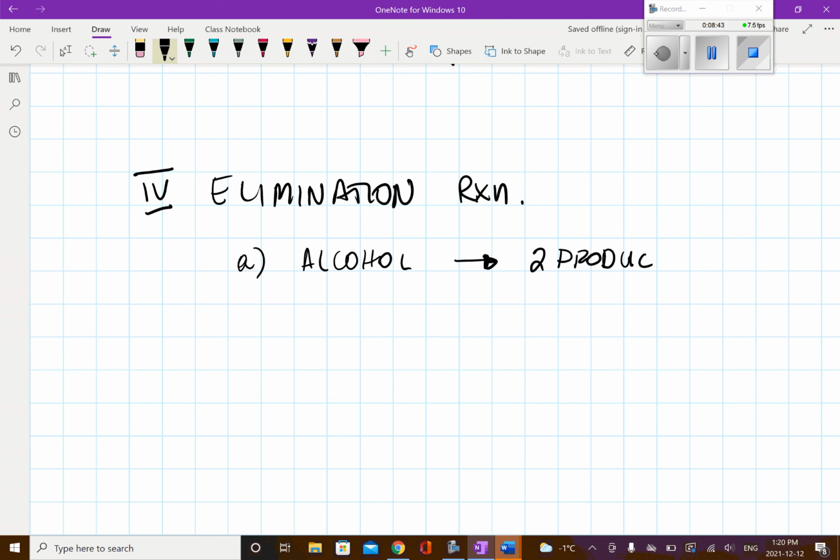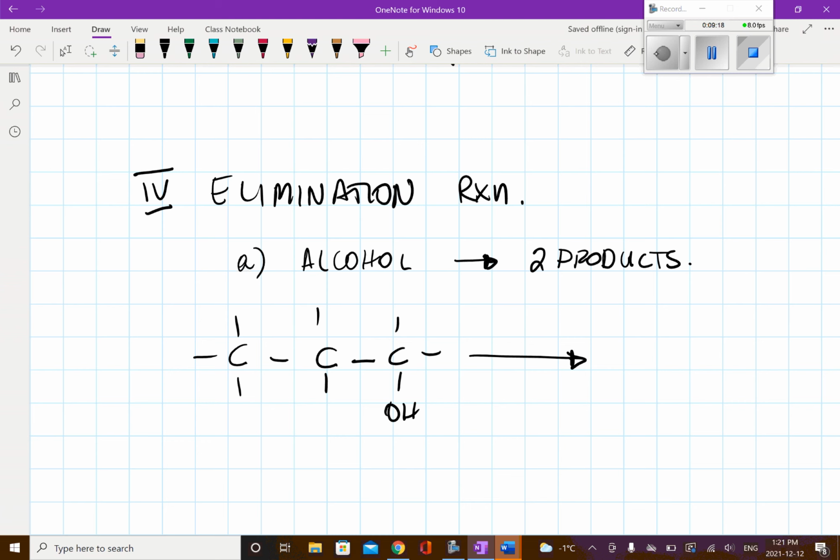So now let's suppose that we have a propanol, and in the presence of a catalyst, a very strong sulfuric acid, you will see that this group is eliminated and an alkene will be produced.